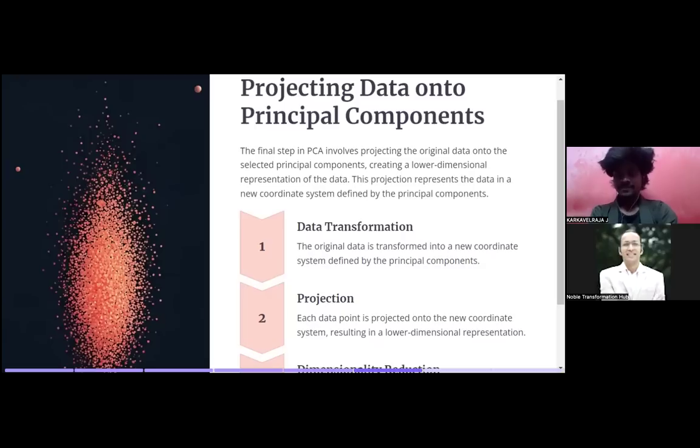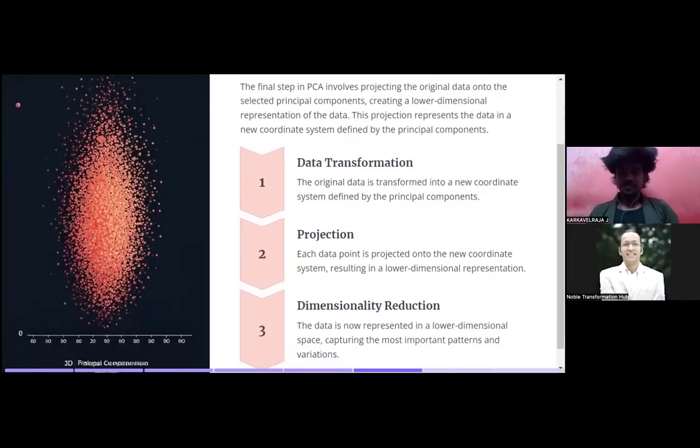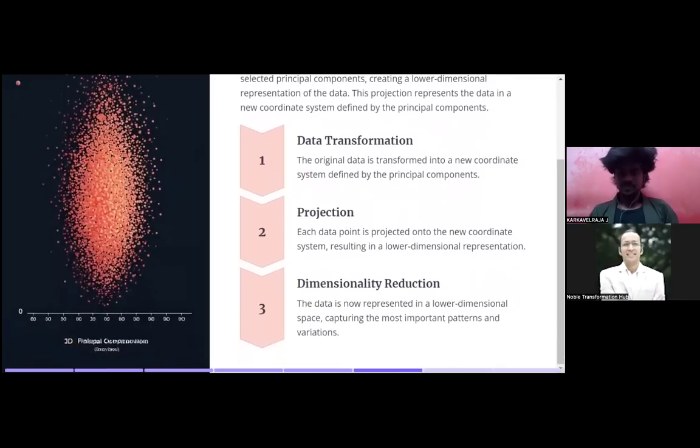So the projection represents data in a new coordinate system defined by the principal components. So the first step is data transformation. We transform data through principal components from higher dimension to lower dimensions. The original data is transformed into a new coordinate system defined by principal components.